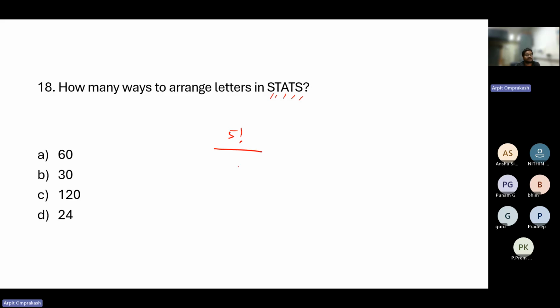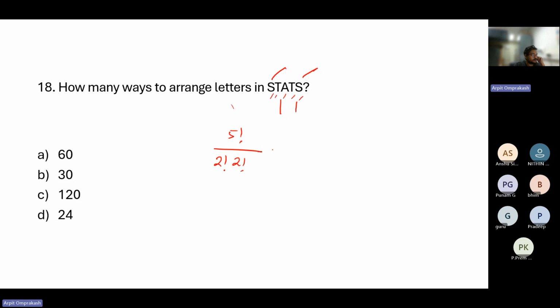But since some letters are repeating, for example, S appears twice, we divide by 2 factorial, because switching the two S's does not change the word. Similarly, T occurs twice, so again another 2 factorial.